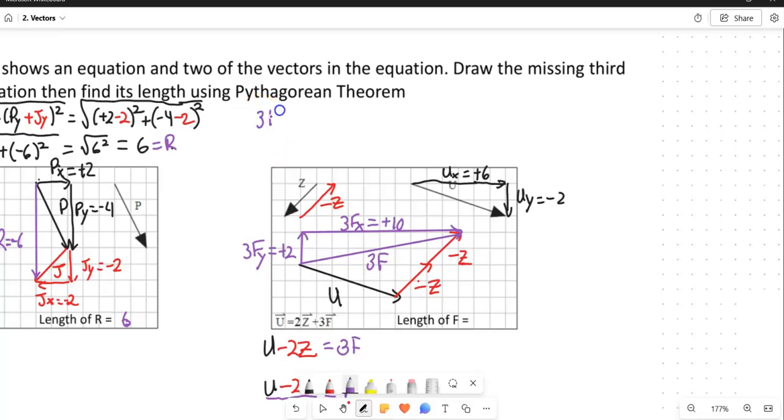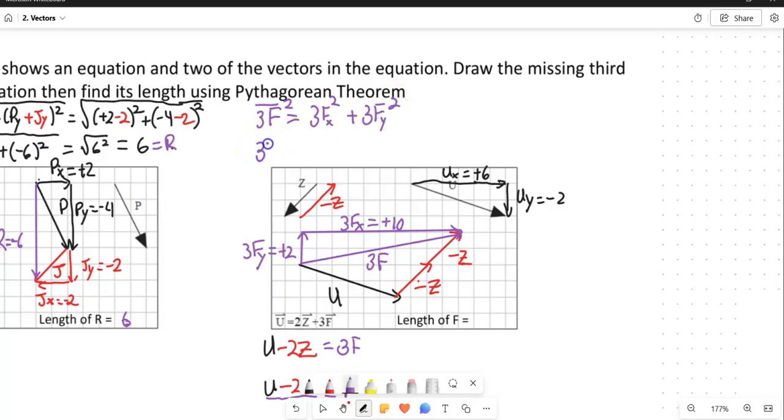Okay, so to figure out the length of the 3f vector, it's going to be equal to the 3f vector in the x direction squared plus the 3f vector in the y direction squared.